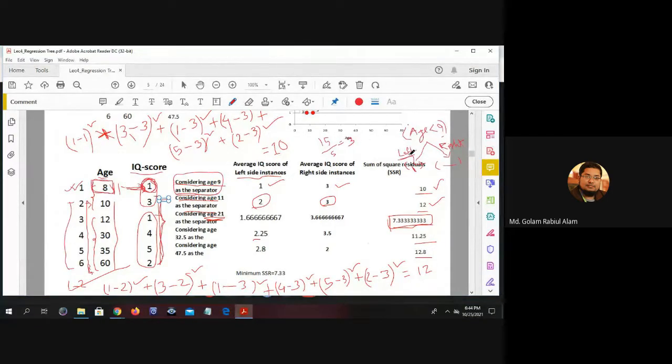So on the right side, the average IQ score will be 3, and on the left side, the average IQ score will be just 1. That's what we have written here: the average IQ score of left side instances is 1, and the average IQ score of right side instances is 3.